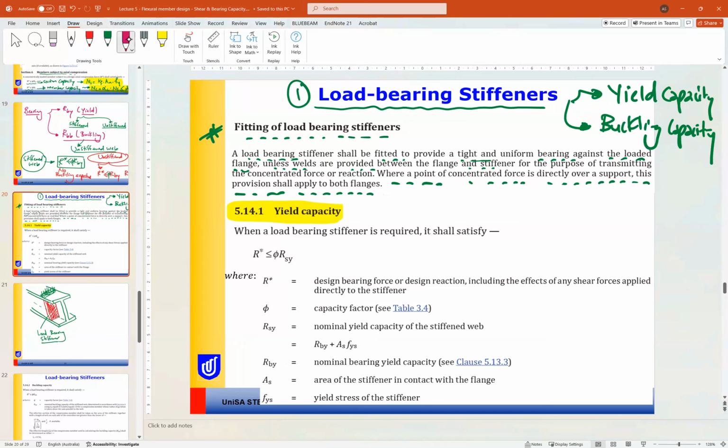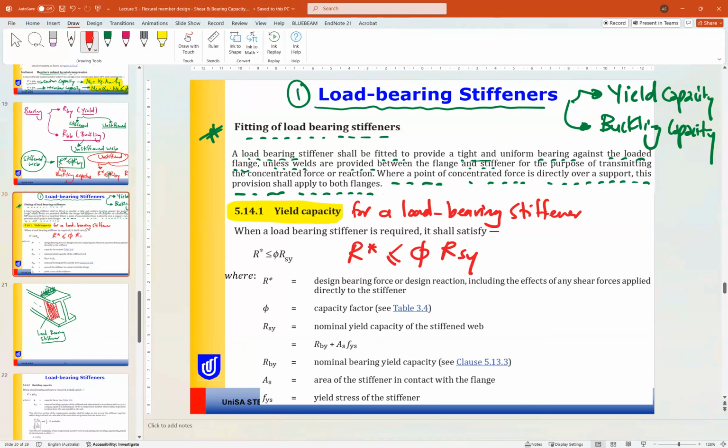For the yielding capacity for a load bearing stiffener, R asterisk should be less than or equal to phi RSY.